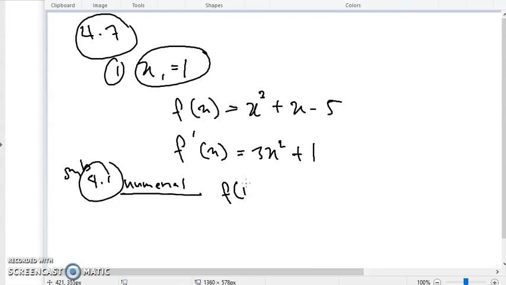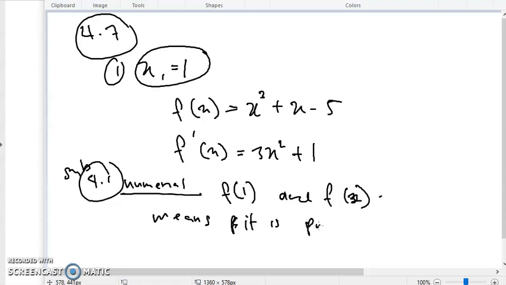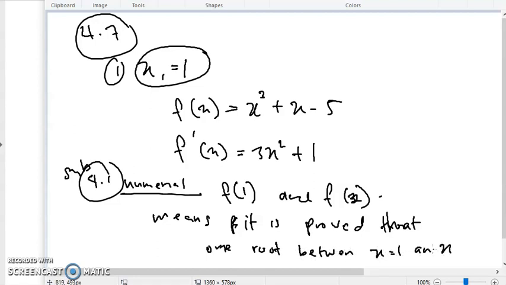When you substitute f(1) and when you substitute f(2), there is a change of sign, which means it is proven. So you can write here: it is proven that we have one root between x equals 1 and x equals 2. This is one of the things we haven't done yet.